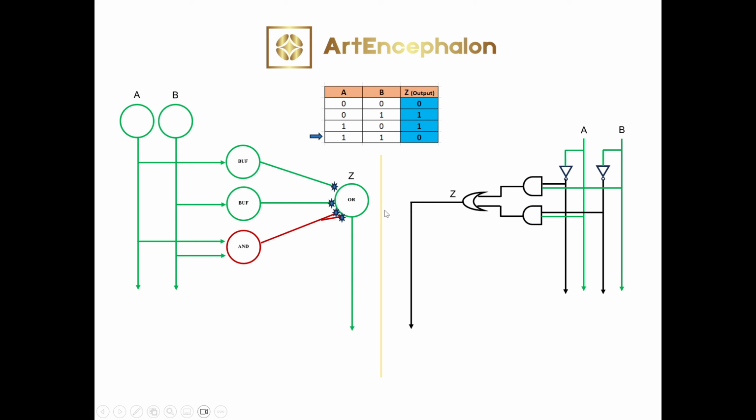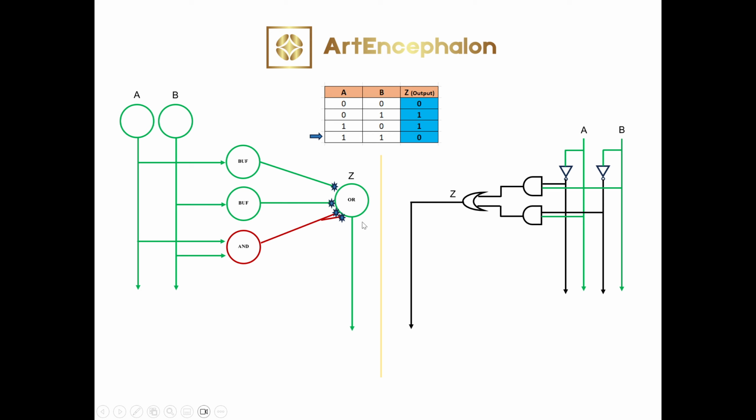When we hit neuron Z, the action potentials will release neurotransmitters to neuron Z at two locations. Think of the first buffer bringing in 1, the second buffer bringing in 1, but this neuron is bringing in -1 and -1, which means -2.